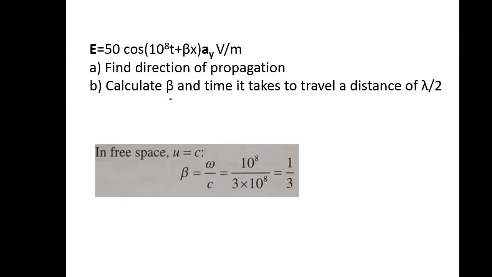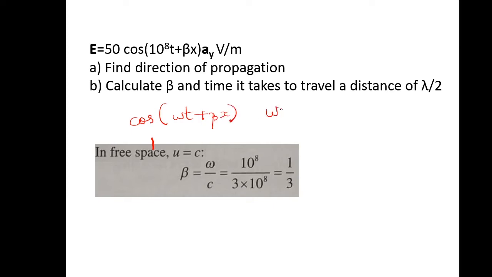Now we are going to calculate beta. What is the equation for beta? Beta, I told you, is omega by v. Here the medium is not specified, so you assume that it is free space. In free space, velocity is c, that is 3 into 10 raised to 8 meter per second. So beta is equal to omega by c. The format is E is E naught cos(omega t plus beta x).